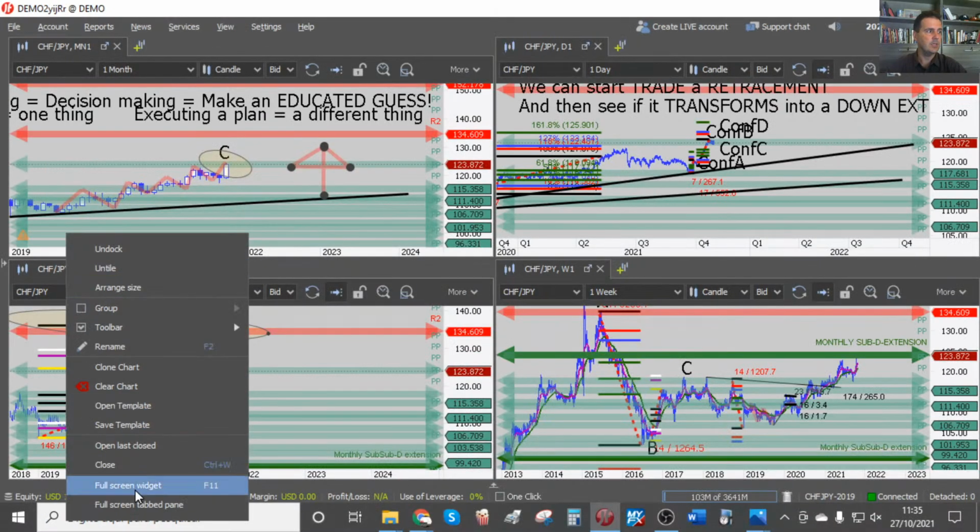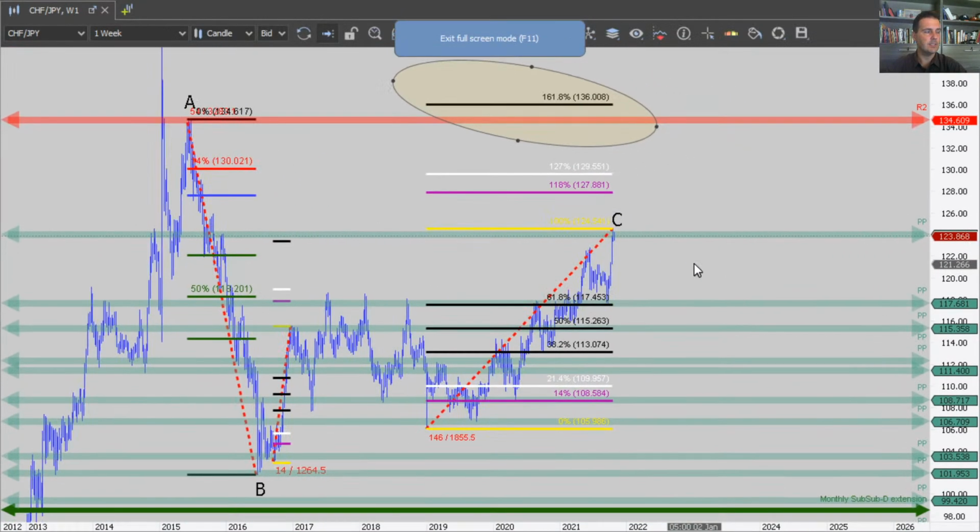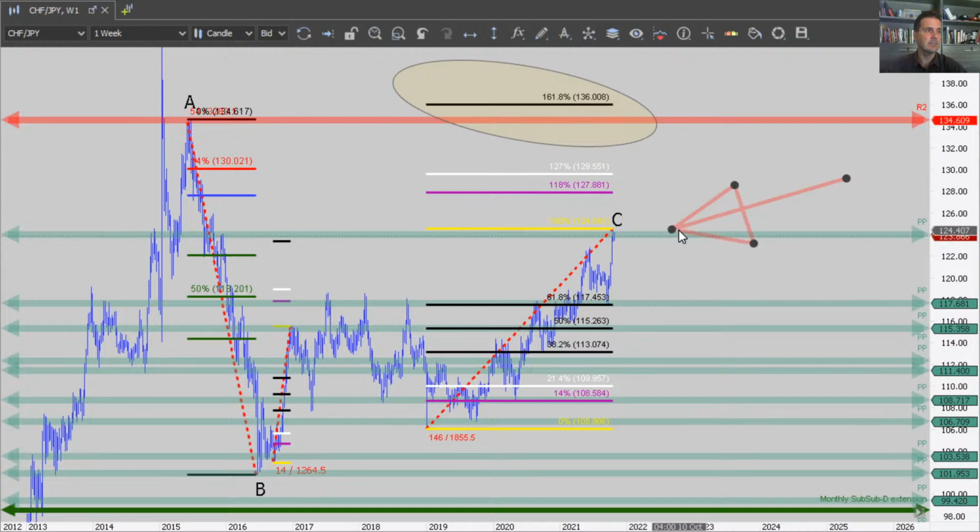And if you tell me, yes, dear student, but talking about probabilities, this Fibonacci hit the extension at the pivot point and look where the projected sub D is. And I would say, oh, right?